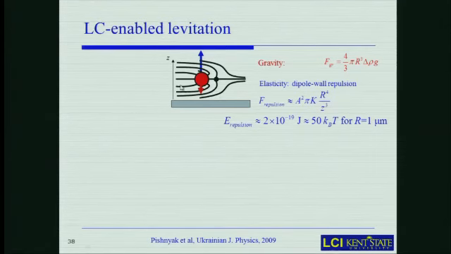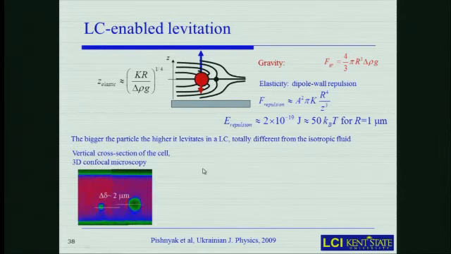And you can calculate the deterministic position that would be the balance of the gravity and repulsive elastic forces. And surprisingly, you would find that this coordinate grows with the size of the particle. It's totally opposite to the case of normal colloids in isotropic fluids. And the example here shows that bigger particles levitate even better than smaller particles.